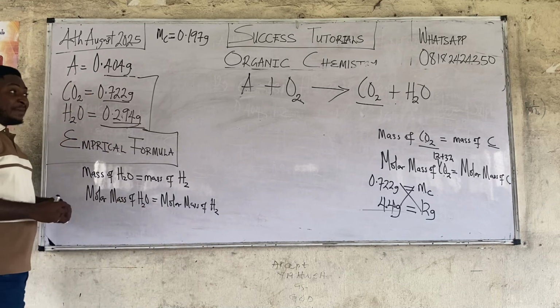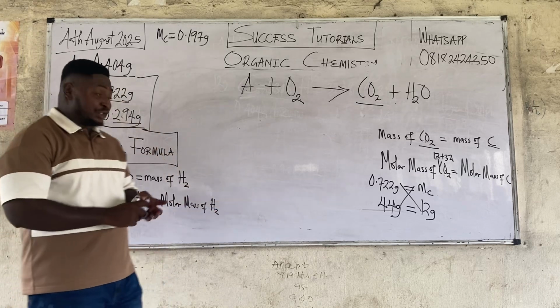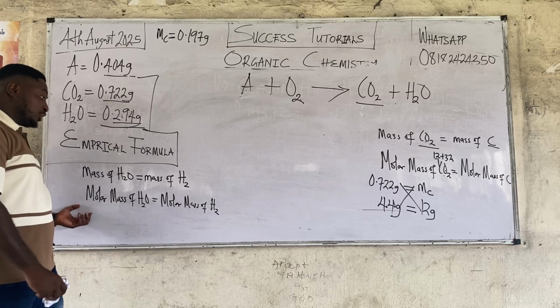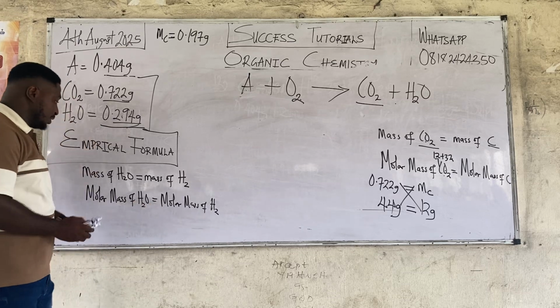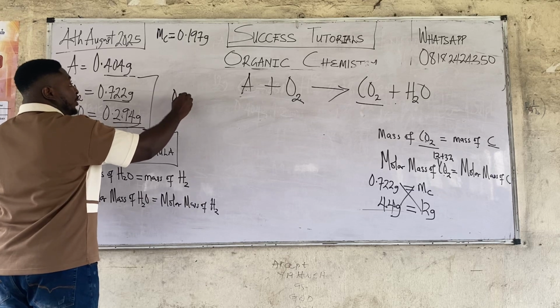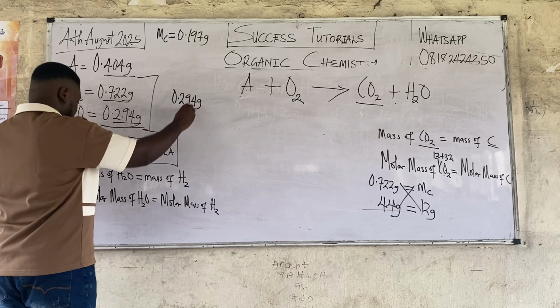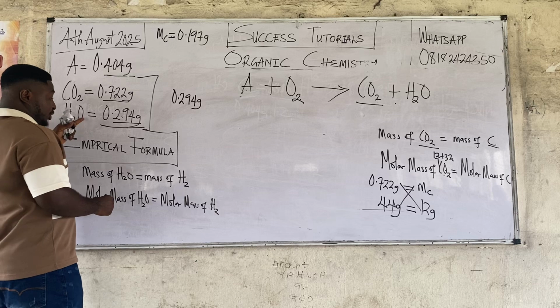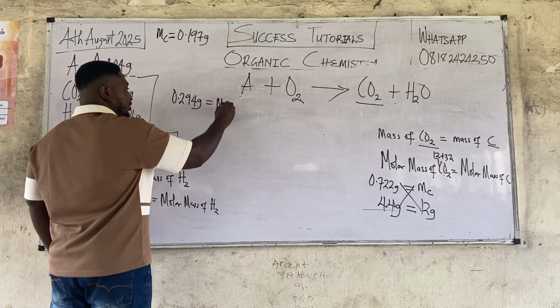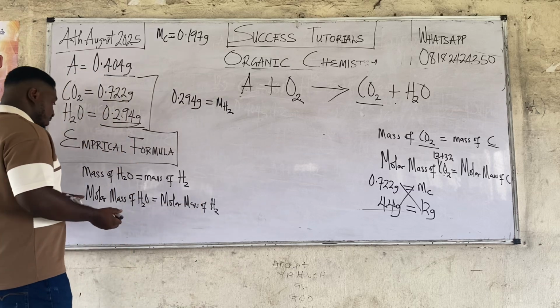Now let us get the mass of hydrogen. The same method we used to get the mass of carbon, we'll repeat for hydrogen. Mass of H2O equals mass of hydrogen, and molar mass of H2O equals molar mass of hydrogen. What is the mass of H2O given in the question? 0.294, right? So we'll say 0.294 grams of H2O equals, what is the mass of H? We don't know, call it MH. Now what is the molar mass of H2O?